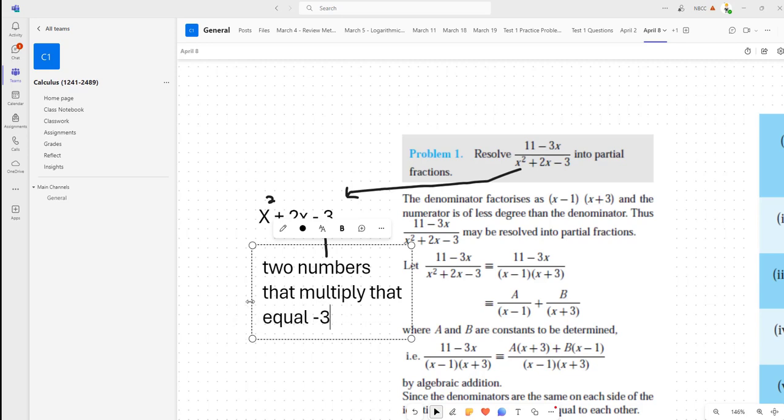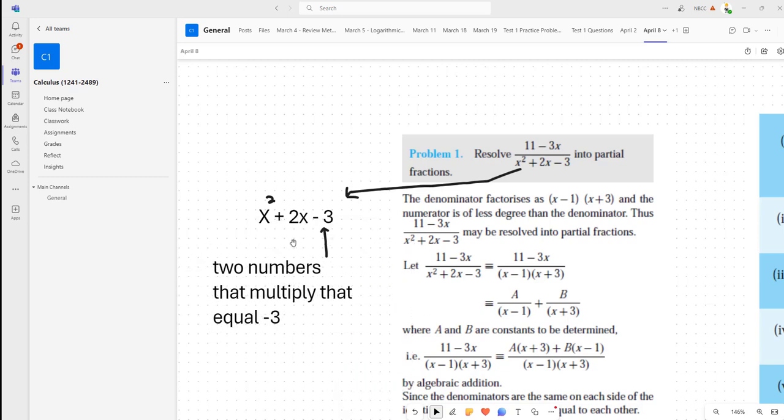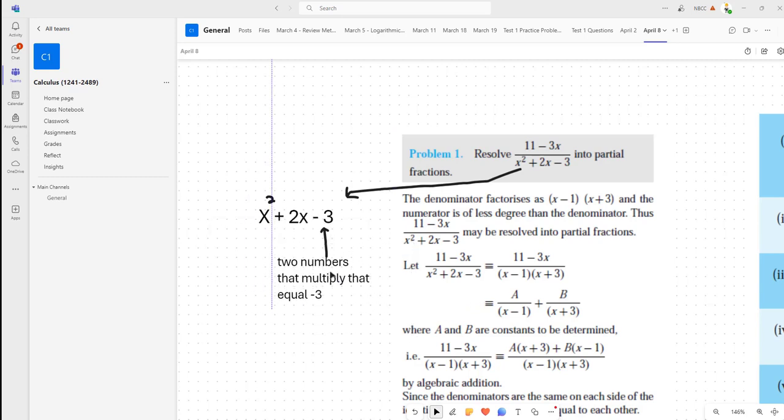Minus 3, or any number at the very back of the equation, okay?